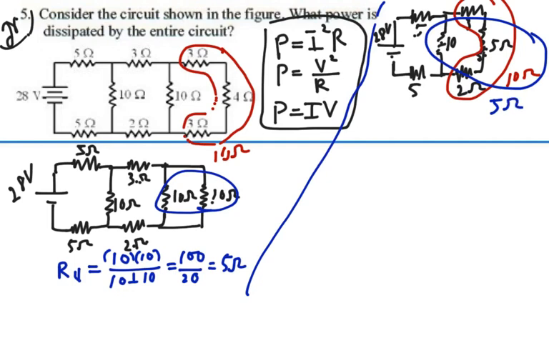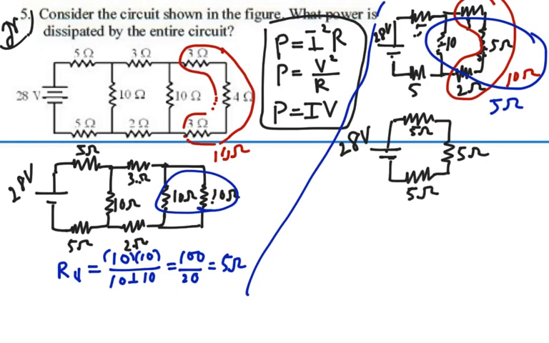So now our circuit looks like this. 28 volts, 5 ohms on top, now 5 ohms here, and a 5 ohms on the bottom. Now we have these 3 5 ohms in series, add them together, 15 ohms.